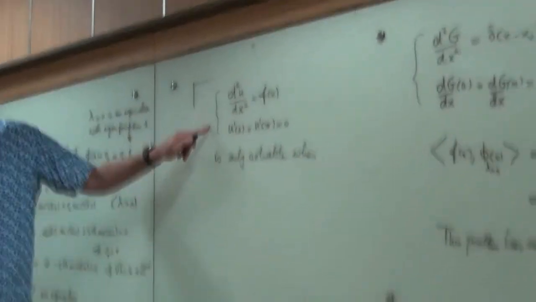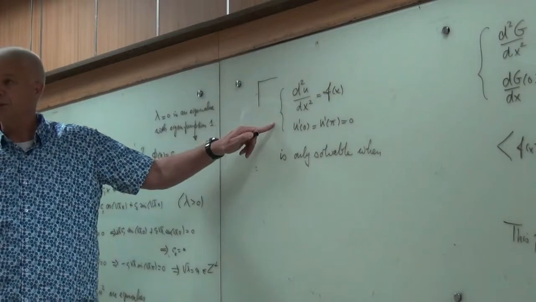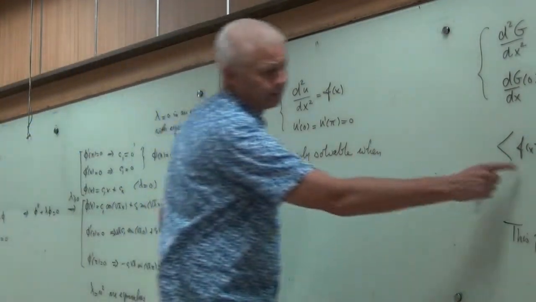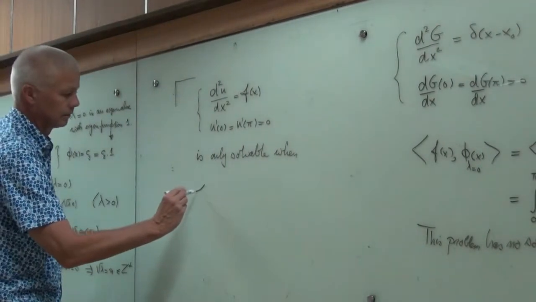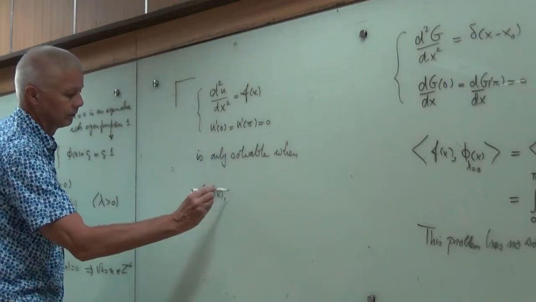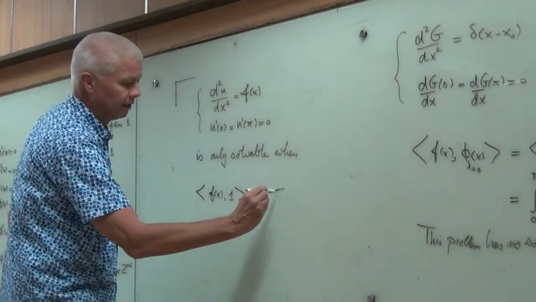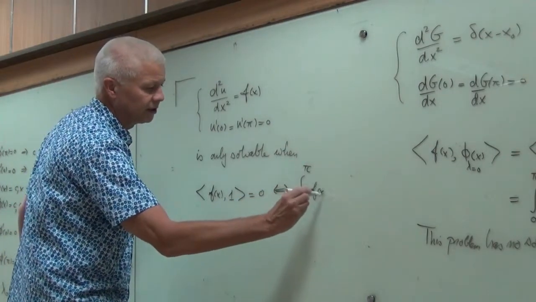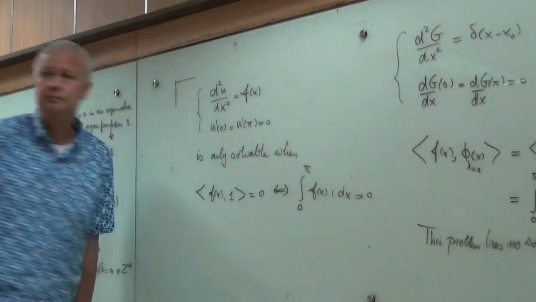I know that an eigenvalue lambda is 0. So I also know that this problem is only solvable, there is a solution, if that inner product is 0. Or equivalently, when the integral from 0 to pi of f(x) times 1 dx is equal to 0.